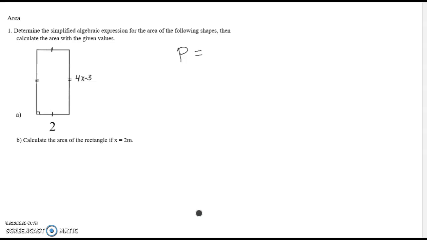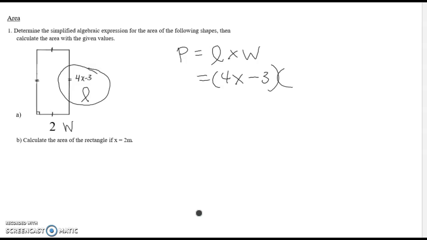Oh, sorry, area we're doing, not perimeter. It's just length times width. Here we'll call this the length and we can call this one the width. So the length is 4x minus 3, and then multiply it by the width, which is 2.